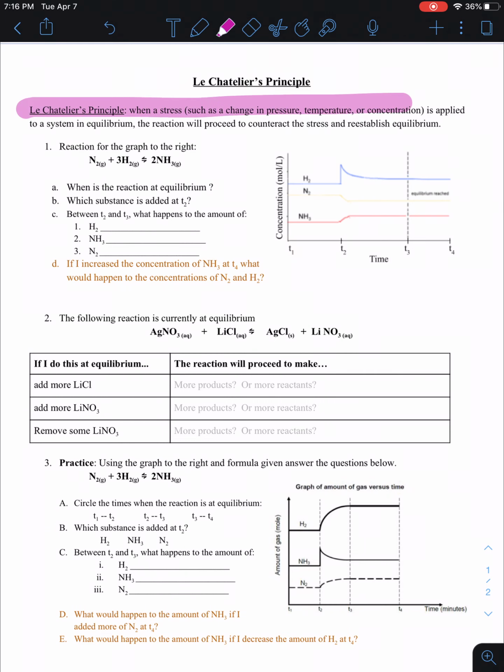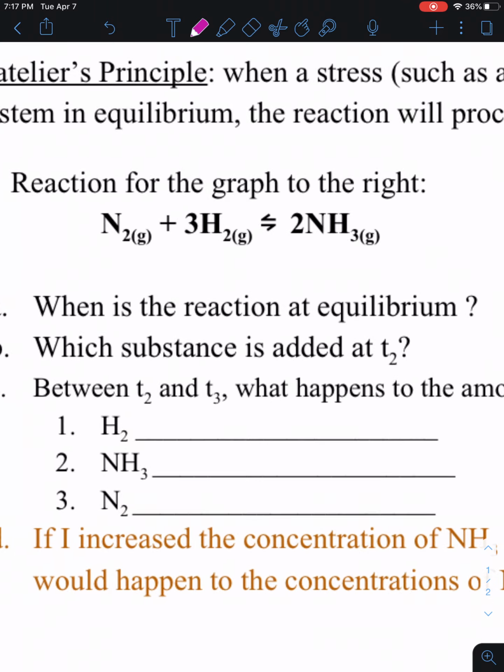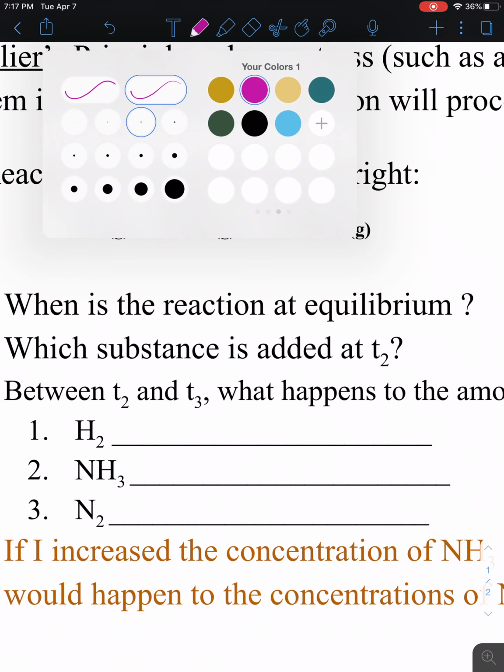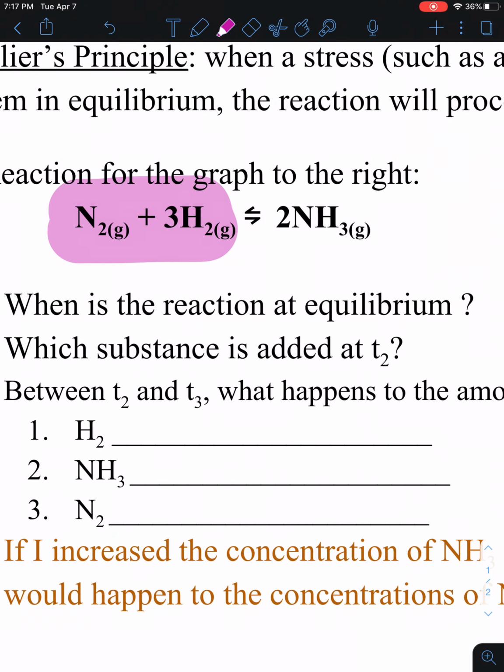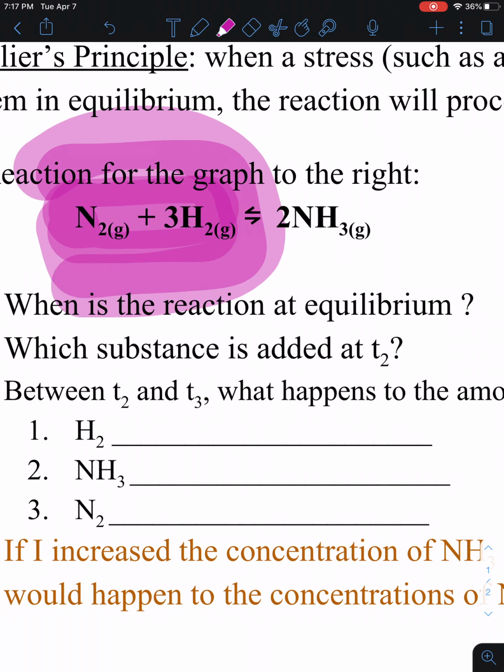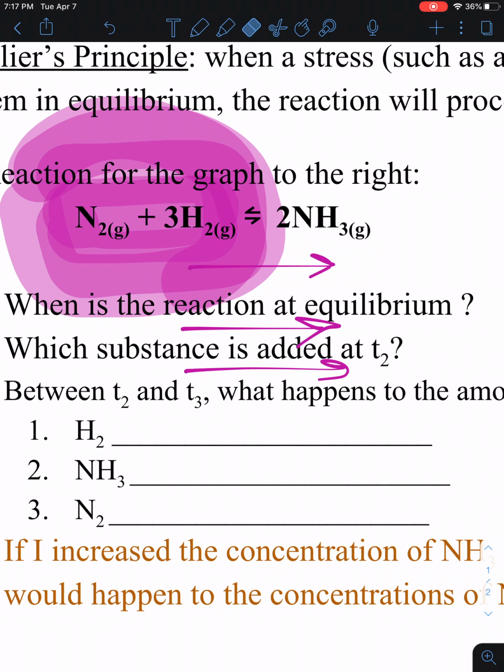So Le Chatelier's principle says that if you stress a system at equilibrium, the reaction will proceed to counteract the stress. In class today, we learned that if I add more and more reactants and say okay, go, the reaction will proceed to make more products.